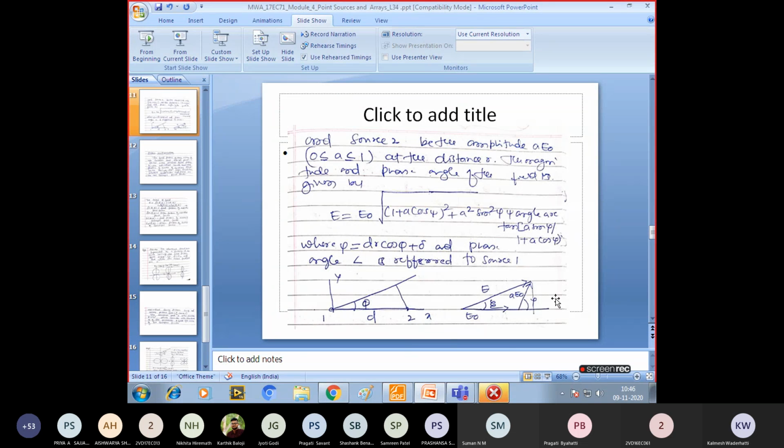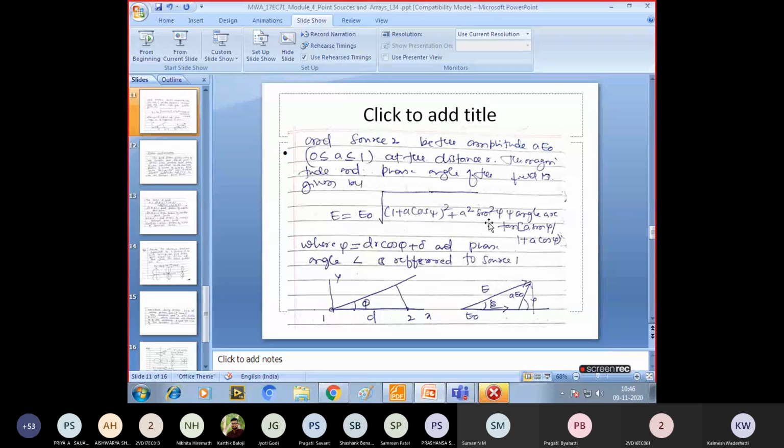Therefore, by the trigonometric relation, we have the consideration at this point. The field observation will be E naught and A E naught.